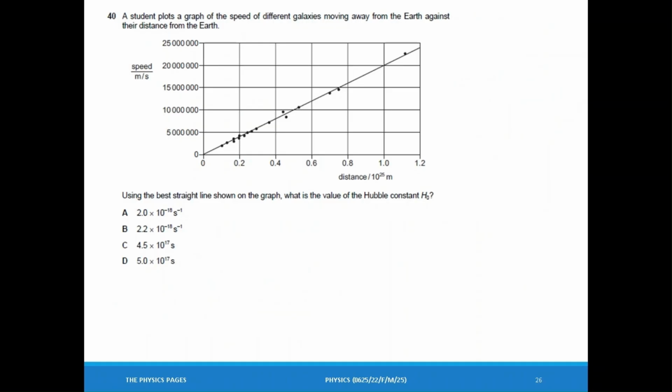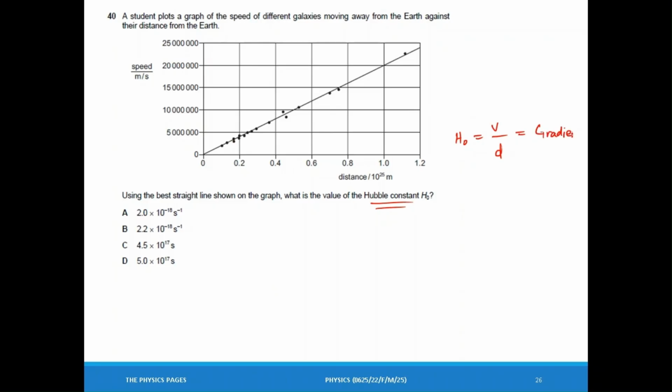Here is the Hubble constant, and we know that the Hubble constant is always the ratio of the speed to the distance. Here in the graph we have the speed of different galaxies against the distance from the earth. So we need v over d. V over d, if you see in this graph, is a straight line, like the gradient.